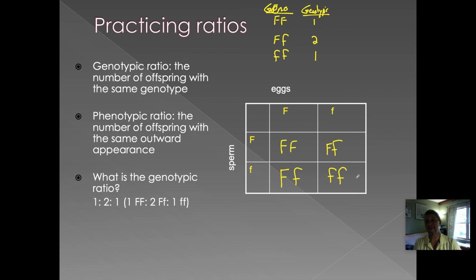Now, what about the phenotypic ratio? Well, in this case, there's only two choices. We can be kids with freckles, which is the dominant state, and we can be a kid with no freckles.